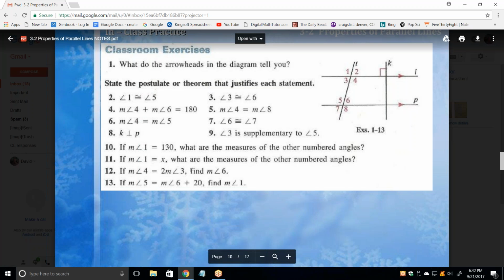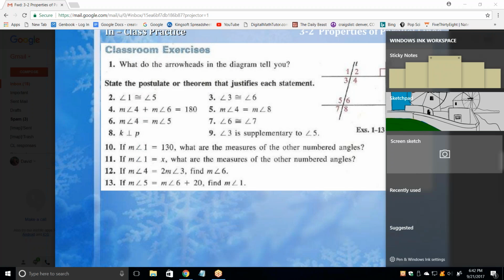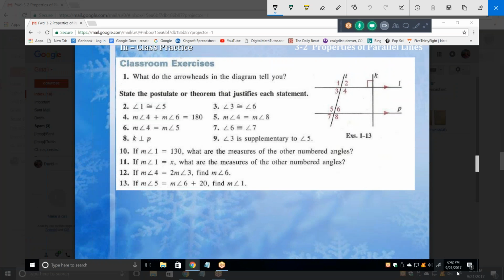If angle 1 is x, what are the measurements of the other angles? Would it be 180 minus x for number 2? Uh-huh. And 180 minus x for number 3. And x. Okay. Do one more.